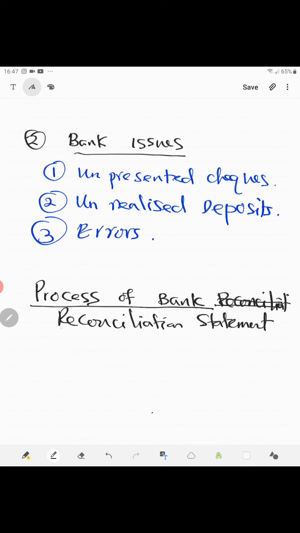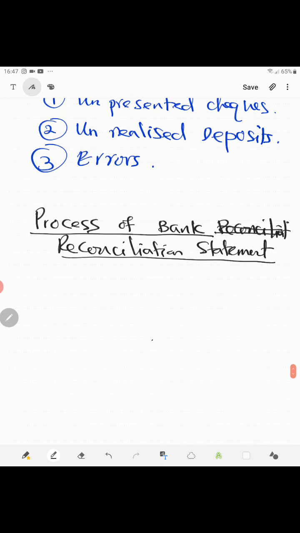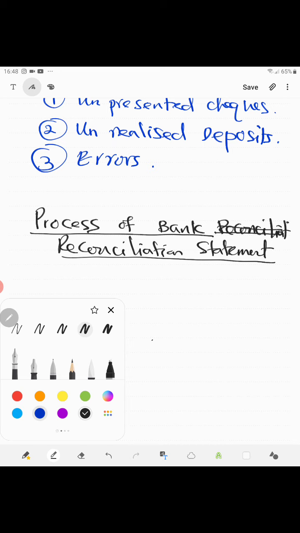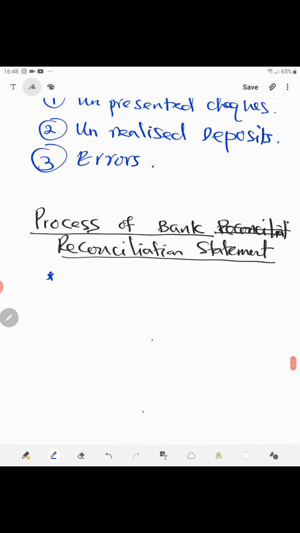There are various processes. The process I am adopting is that first we need to prepare an adjusted cash book.